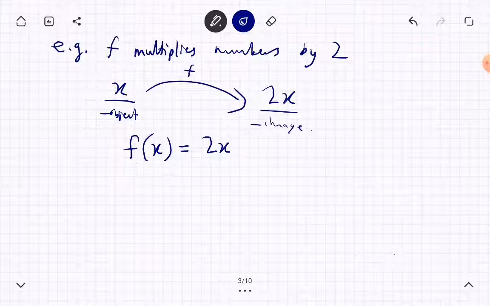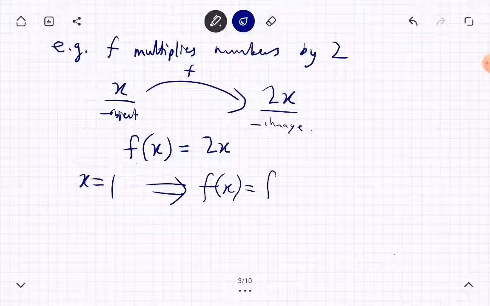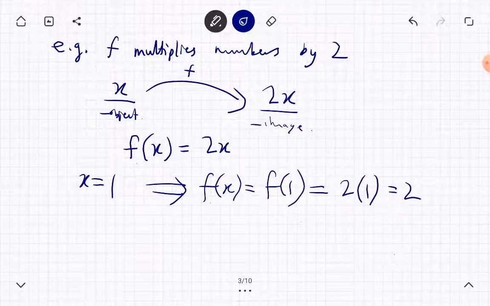Now let's do one or two examples of putting in values. Say x is 1. So we are putting the number 1 into this function. What is going to be the output? The output is f of 1. We just substitute x equals 1, and then we get 2 times 1, which is 2. So if you put in number 1, you will get number 2 as an output.